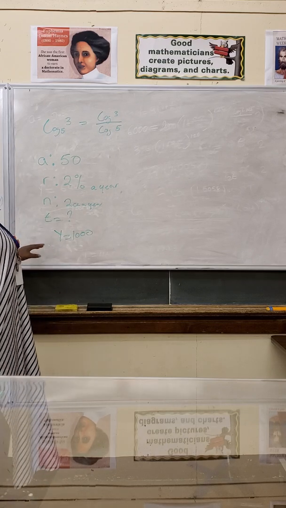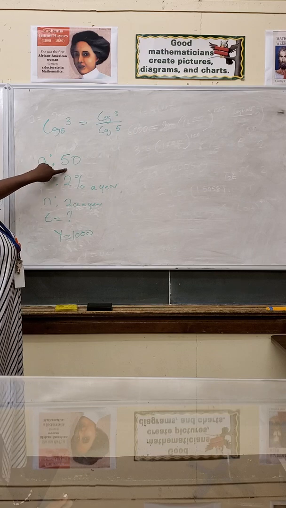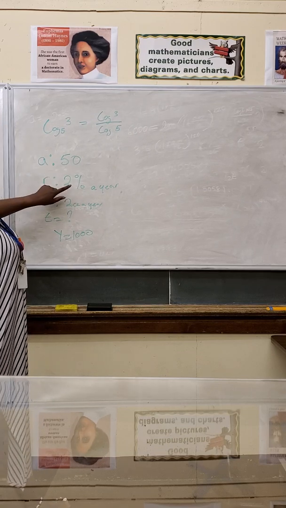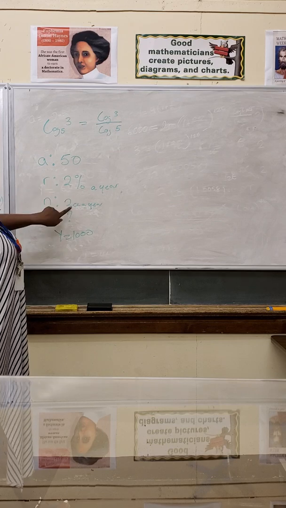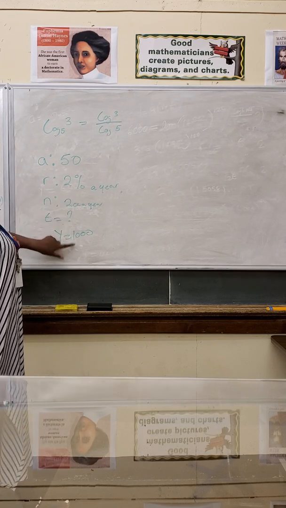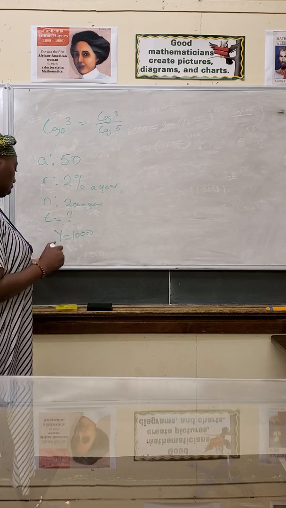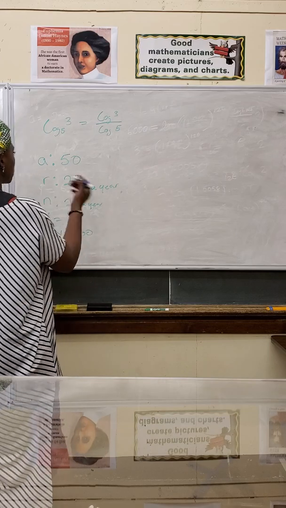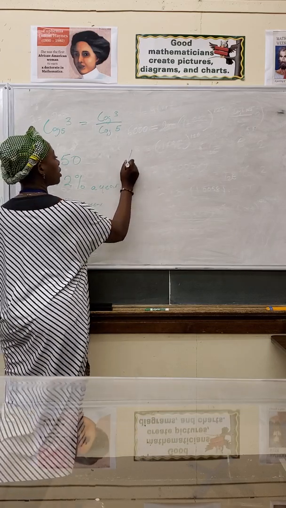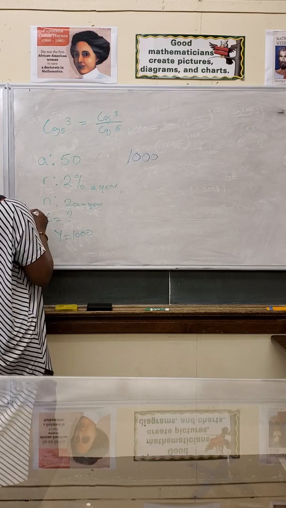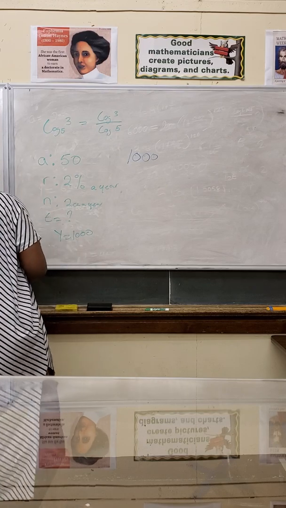So the question could be like this: if you start with $50 and you invest in an account that yields 2% per year, compounded semi-annually, how long will it take for you to get to $1,000? So now, here's what we're going to do. Just like before, we know our output that we want is 1,000, and our starting value is 50.